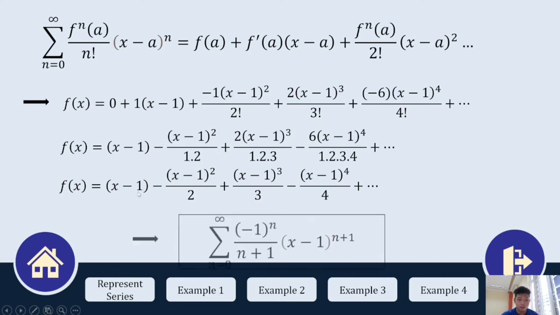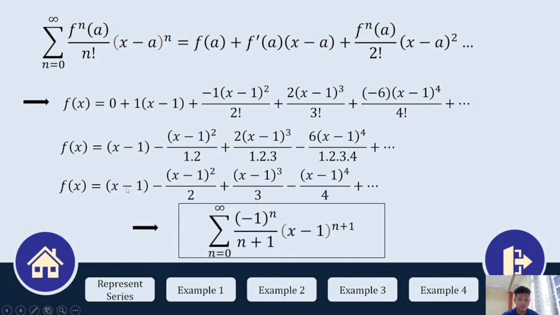From here we can write it as a summation of the expanded expression. We get the summation from n equals 0 to infinity of (minus 1) to the power of n times (x minus 1) to the power of n plus 1 over n plus 1.